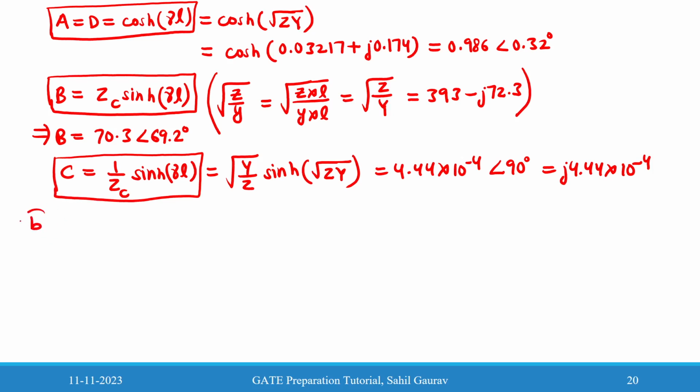Now we need to find the sending end voltage, current and power factor. So it is given that the load is 60 MVA at 124 kV. Whatever voltage we are given in the question, we have to consider it as line to line.